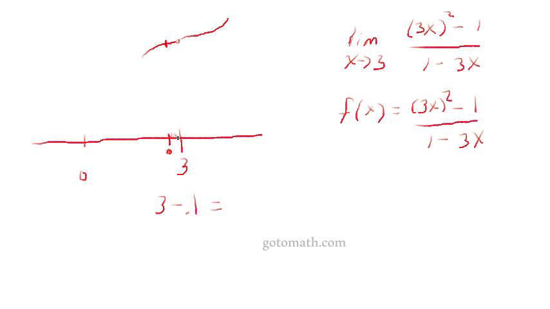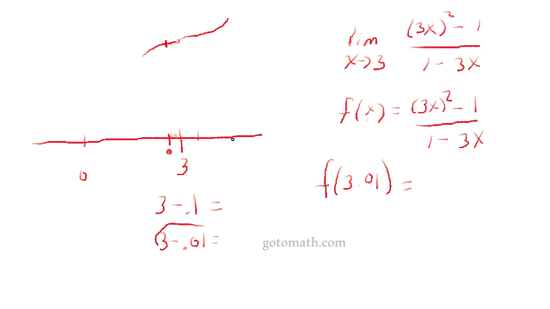We keep plugging numbers in, they get closer and closer to 3, and so for example the next one would be 0.01 away, and we would plug that number into the function. I've got this worked out already, and we'll look at it here in just a minute.